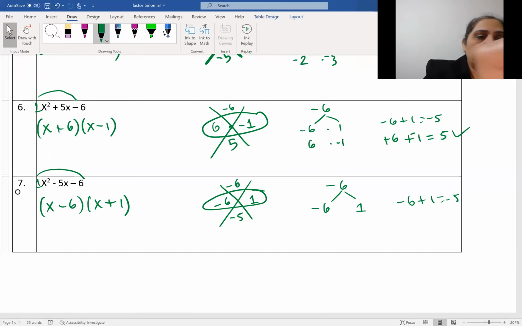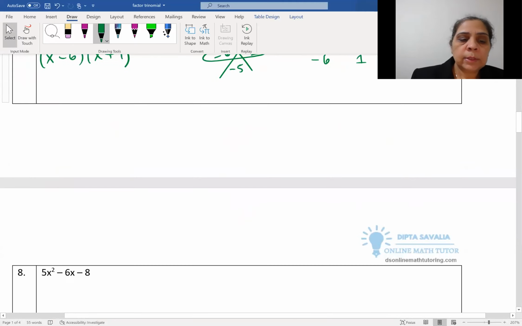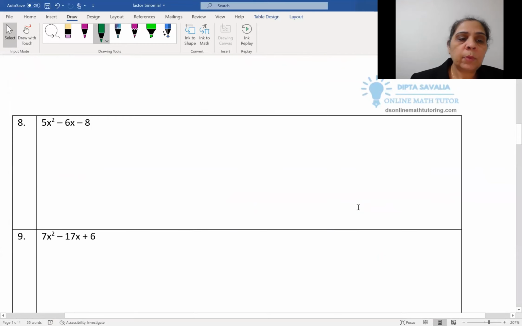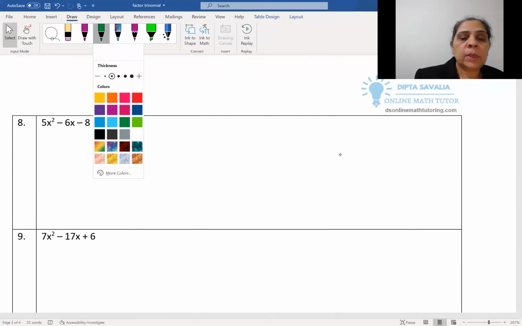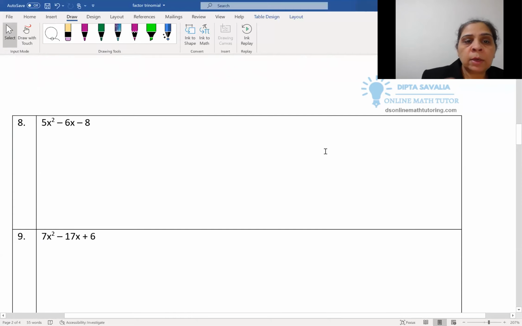All right. Let's see, next one we have 5x squared minus 6x minus 8. We don't have a perfect square in the first and last term. So we will check how to find the factors. Here the coefficient of x squared is other than 1.